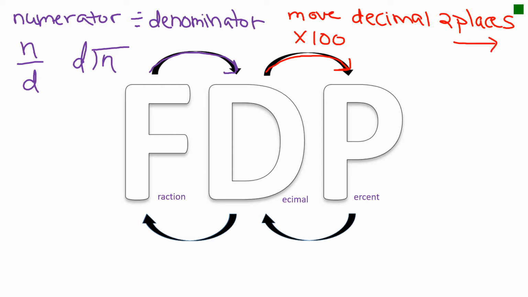So again, since multiplying by 100 is the same as multiplying by 10 2 times, you move the decimal point 2 times to the right, because your number is getting bigger when you're multiplying by 100. So here's your decimal point. You would take 2 jumps to the right, and your new spot would be where you end up.